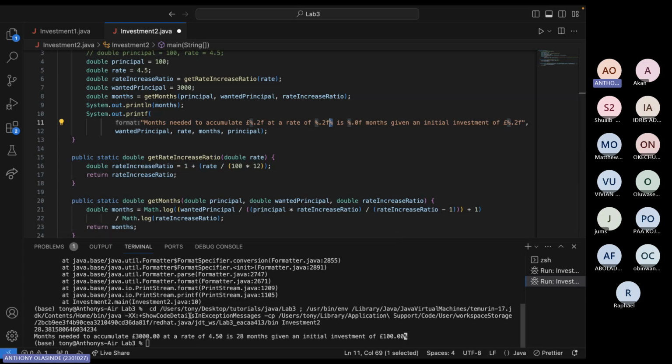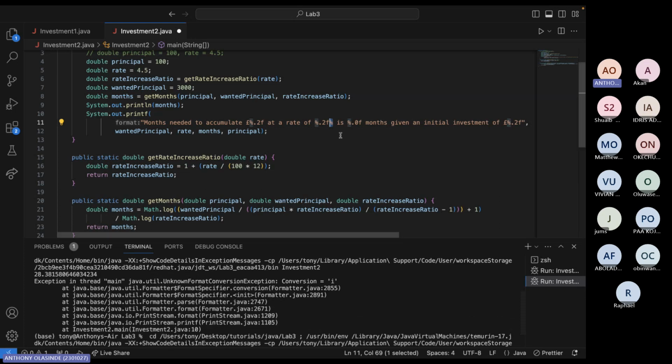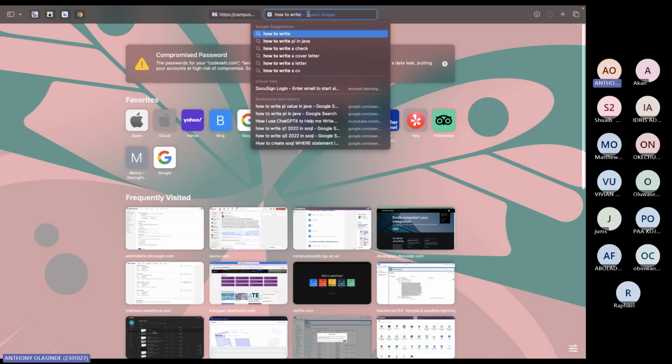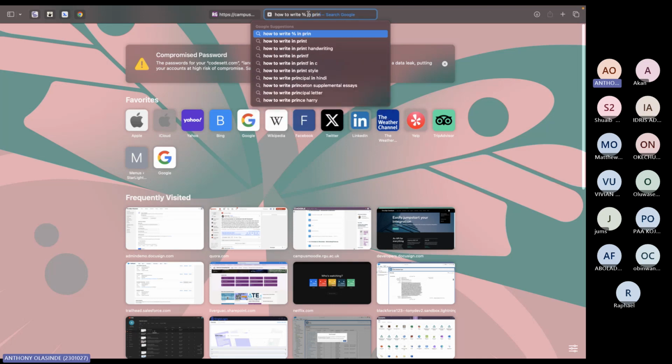The reason it was showing an error here is because it saw %i and it doesn't know what %i means. Although what I was expecting is for it to type % directly, because % is actually a format specifier in printf, it's now seeing it as, okay, this person typed %i, what does %i mean? %i does not exist, so it's kind of lost. So I need to find out how to write % in Java printf.